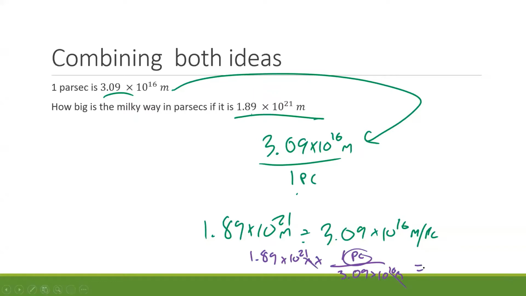So if I do that really quickly, 1.89 times 10 to the power of 21 divided by 3.09 times 10 to the power of 16, it should come out to be about 61,065 parsecs. It's a pretty big number.